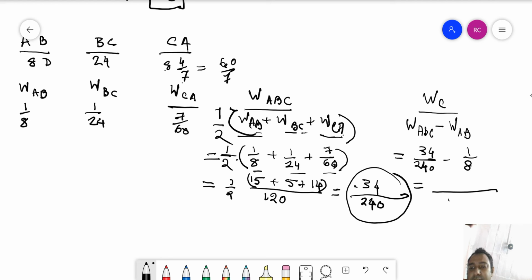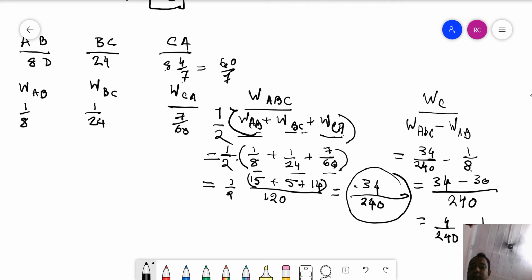If you take the denominator common, you get 34, and here you get 30, because if you notice carefully, 1 by 8 is equal to 30 by 240, so you get 4 by 240, which is equal to 1 by 60. So C does 1 by 60 of the work in one day.